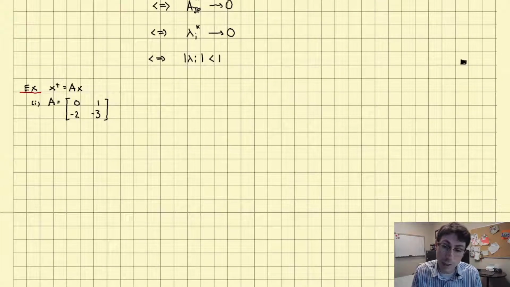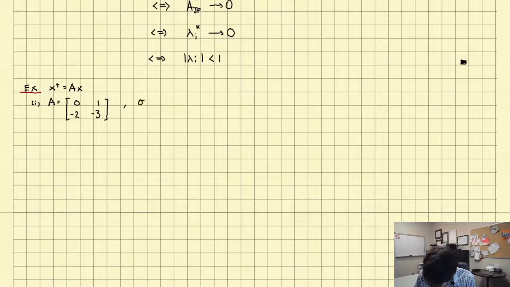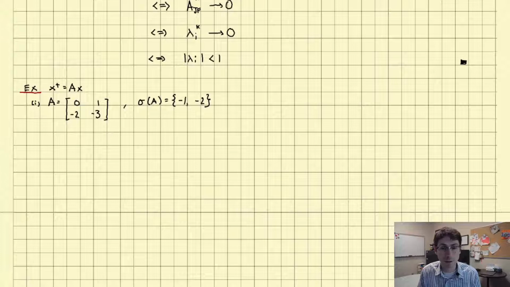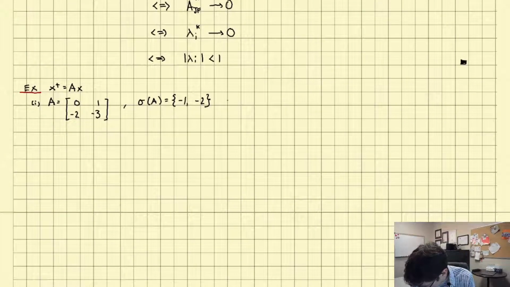But now with this proposition, I can just check the eigenvalues. In this case, the eigenvalues of A were -1 and -2. And so with just that, I can conclude that, in fact, I only need one eigenvalue to have magnitude greater than or equal to 1, but in this case, both do. But in either case, it's unstable.